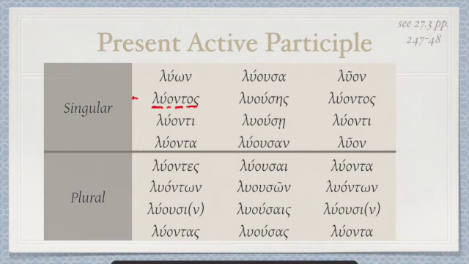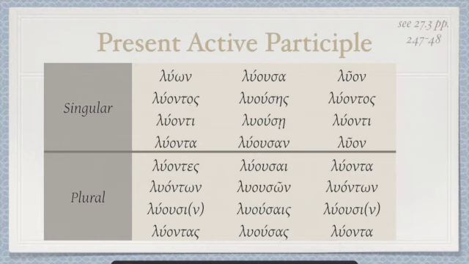And so why the present active participle masculine nominative singular form contracts to λύων, I have no idea. But basically, the sigma comes up against the tau, the tau drops out, the sigma drops out, and the omicron lengthens to an omega. You're just going to have to memorize that's λύων.